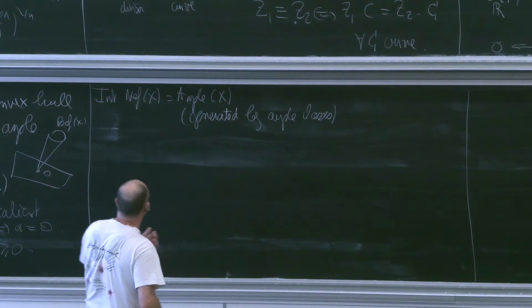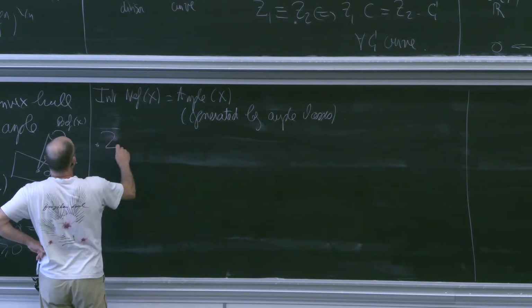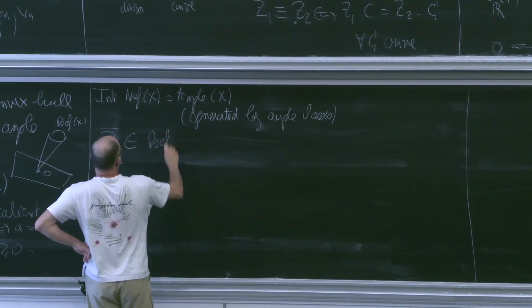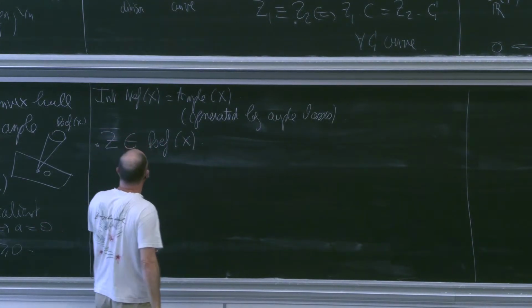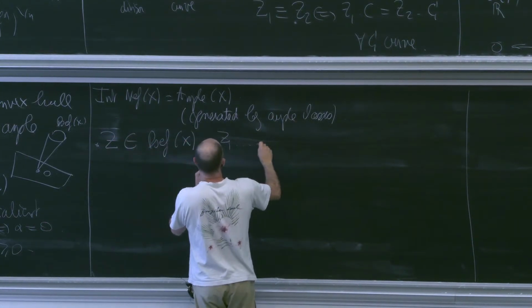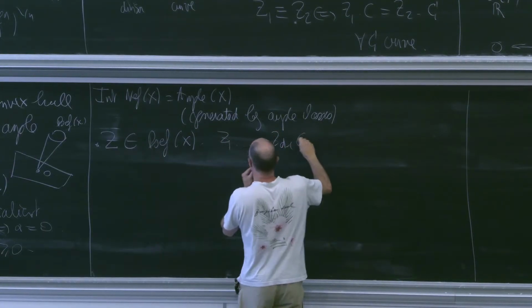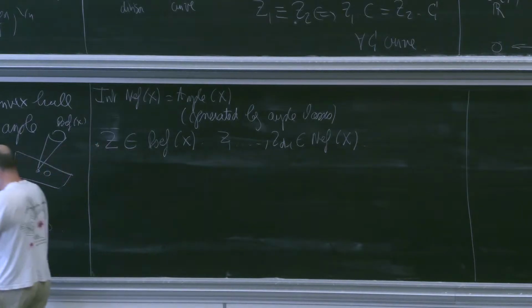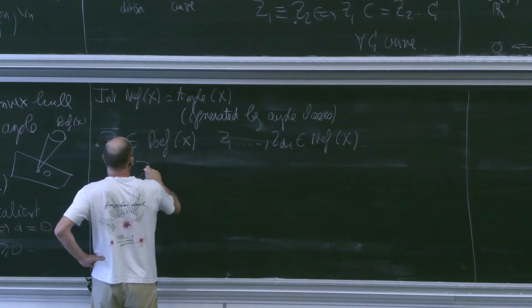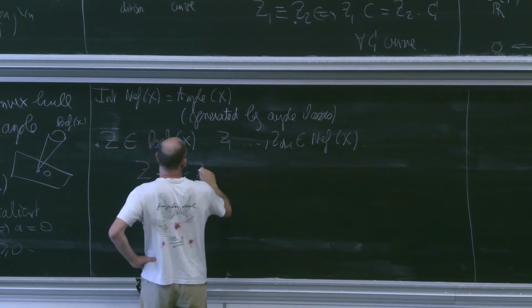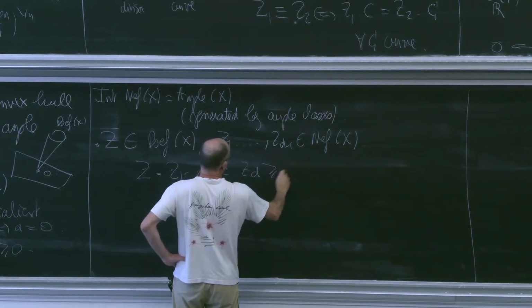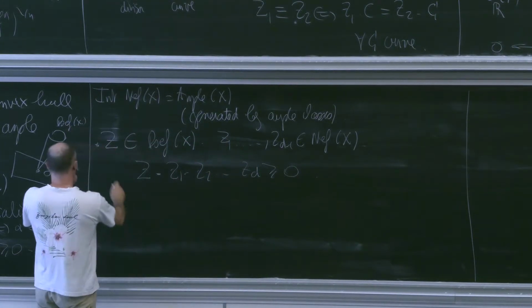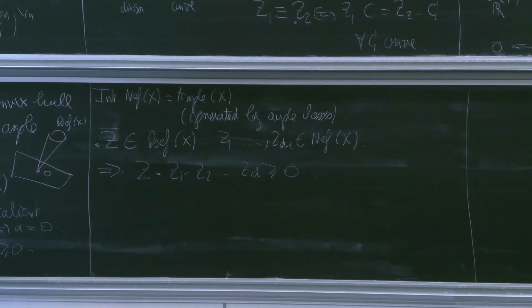Okay, and last thing, if you take Z pseudo-effective, and Z1, ..., Z_{d-1} nef, it's going to be something that follows from this. If you intersect Z with Z1, ..., Z_{d-1}, then this is non-negative. Okay, so how do you see this?